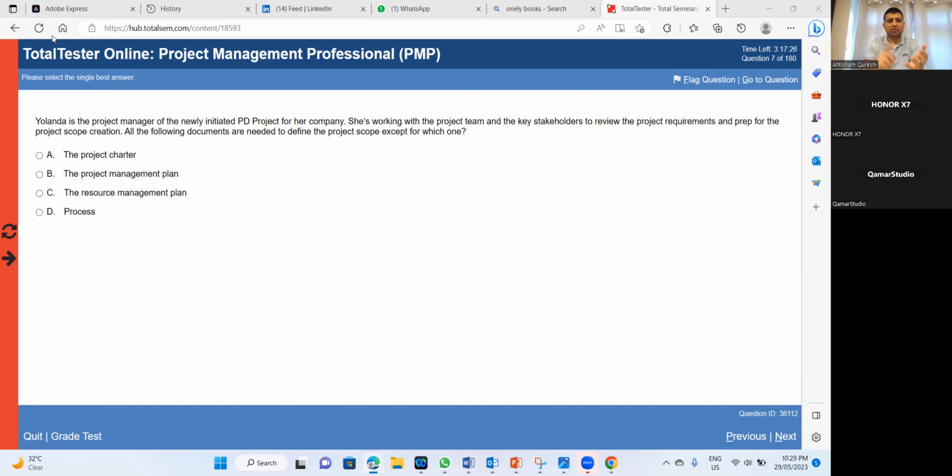Your resources like your cost, your manpower, material, equipment, machinery, this will be decided based on the scope that you will be choosing. Now you are not limiting yourself, your scope based on the resources that you have, unless it's a constraint, unless it's mentioned somewhere that resource is a constraint.